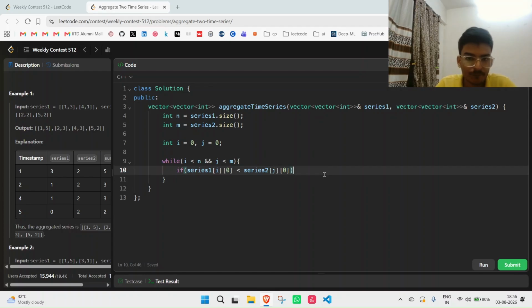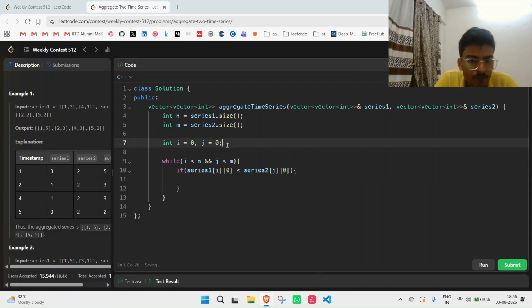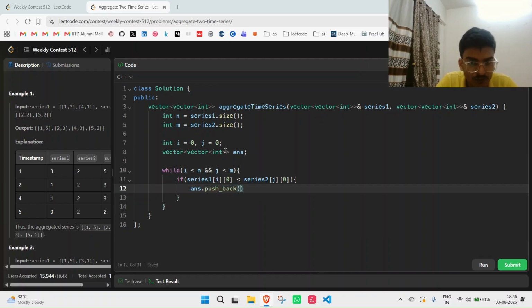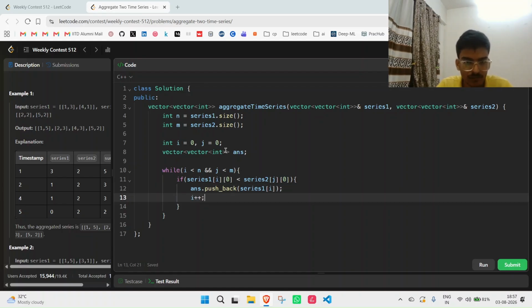Then we can maintain the vector total into answer. We can write answer.push_back. The smaller one is series 1 of i, we push the entire two-length vector, the element of series 1, and i is incremented.